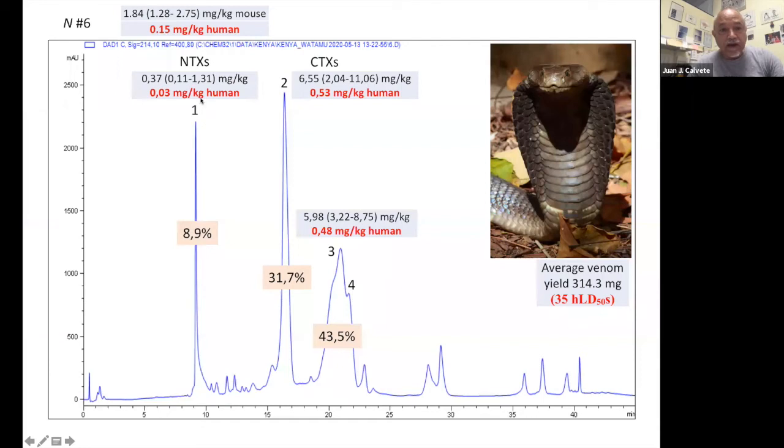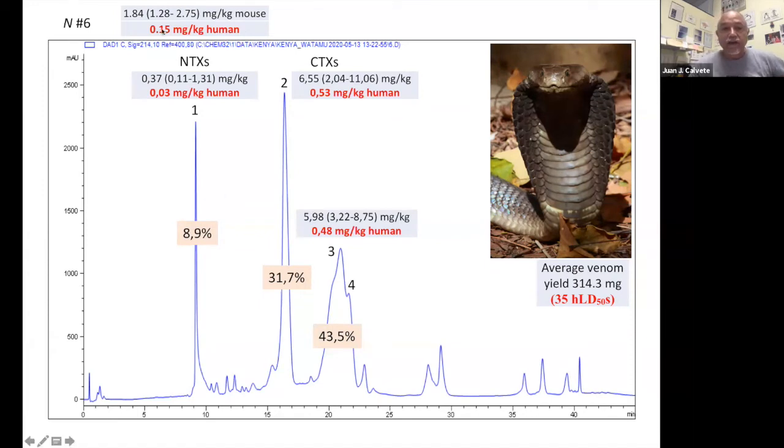Important, although rarely done in venom research, is also to determine the toxicity of the individual components, because the components are the ones that you need to neutralize with proper antibodies to reverse the effects of an envenoming.